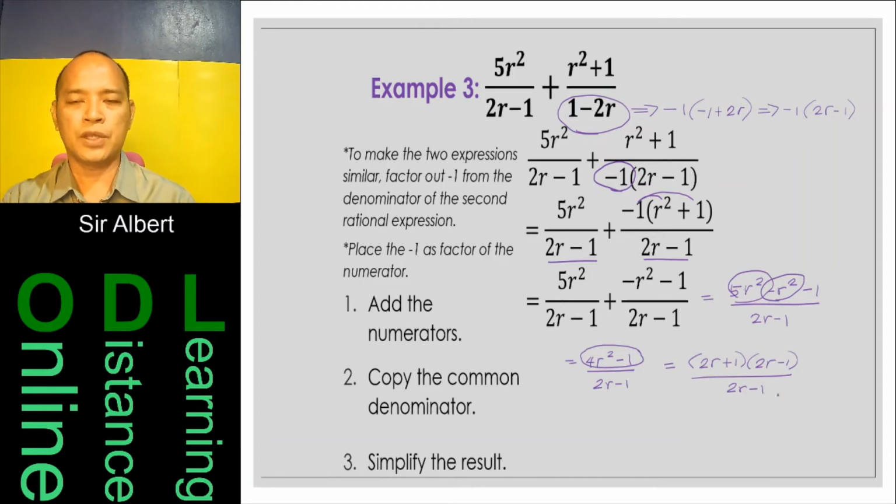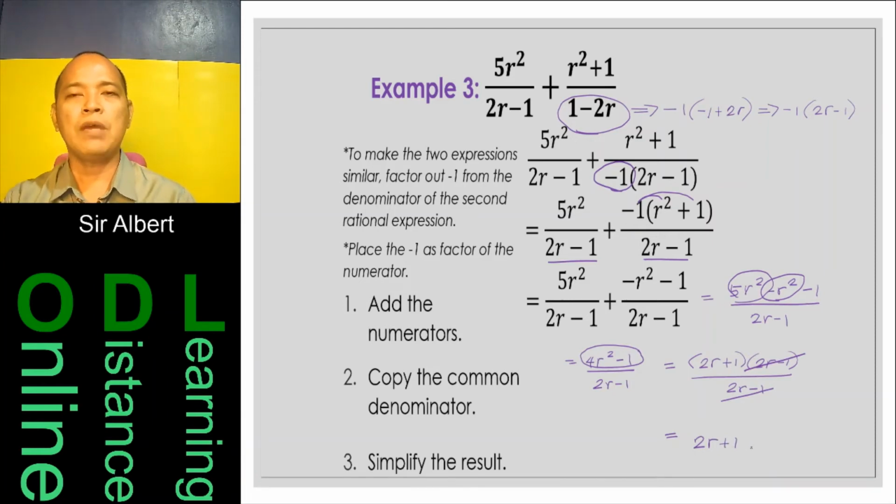It's clear up to this point that we have a common factor between the numerator and the denominator, so we cancel out that common factor of 2r minus 1. And we end up with the final result of 2r plus 1.